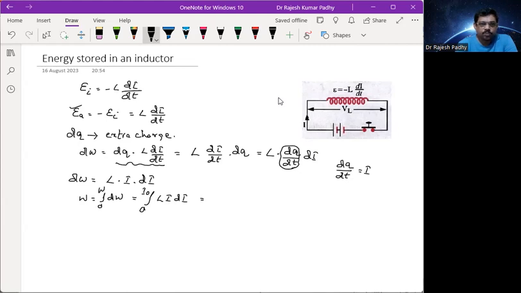L is the self-inductance, so L will come out of this integration. Therefore, L into the integration of I di, which is I square by 2, with limits from 0 to I0.